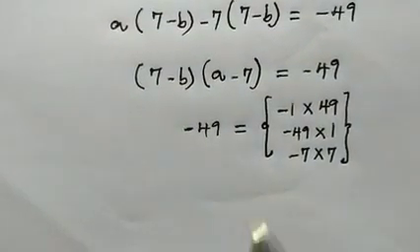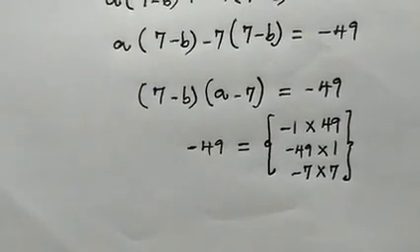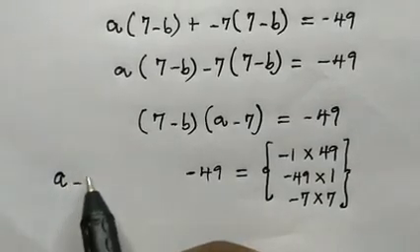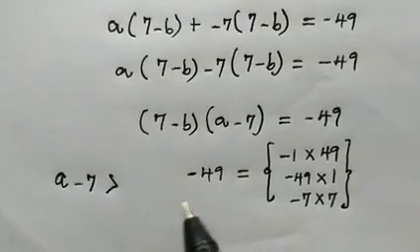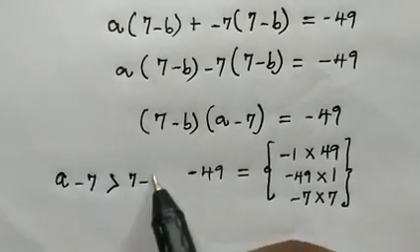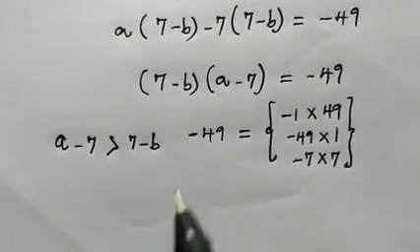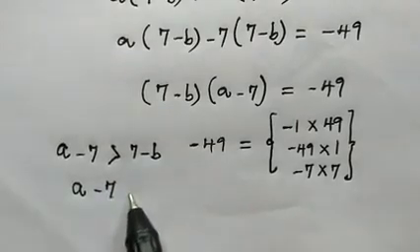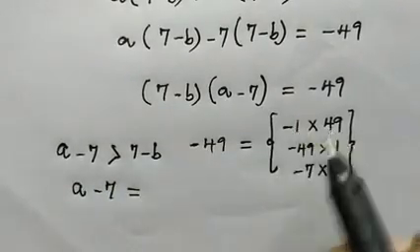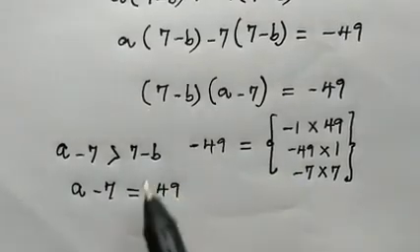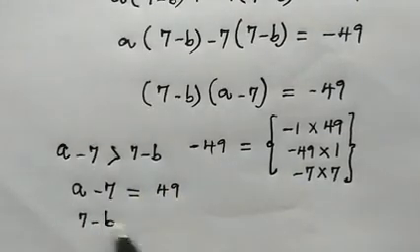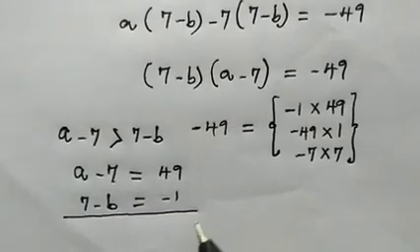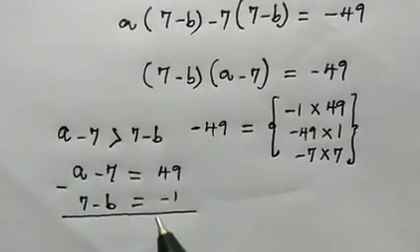Okay, so from here we have three cases. In our case 1, but before that, let us assume that a minus 7 is greater than 7 minus b. So in case 1, we have a minus 7 equal to 49, and 7 minus b equal to negative 1. For us to obtain a plus b from here, we need to subtract both equations.